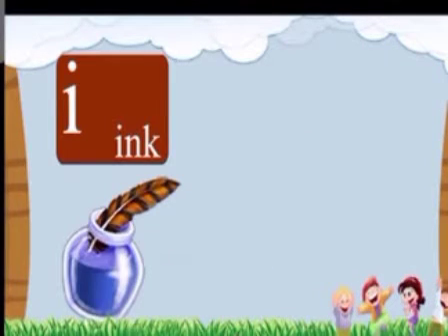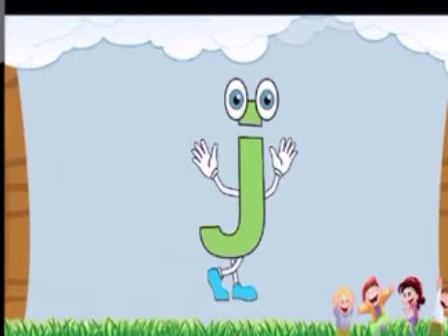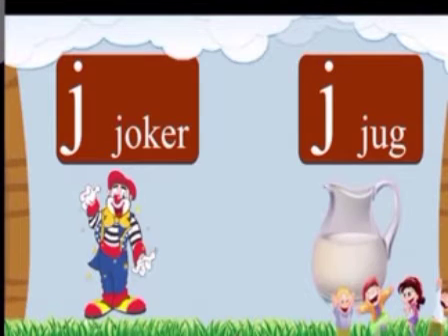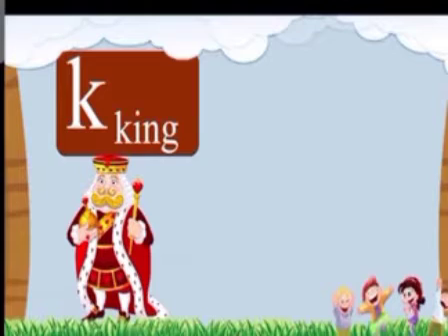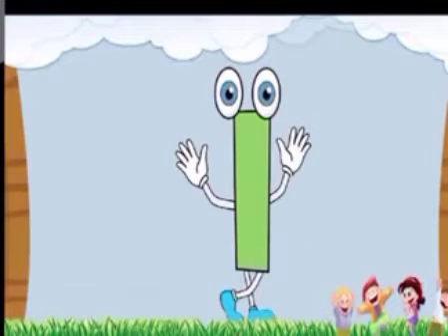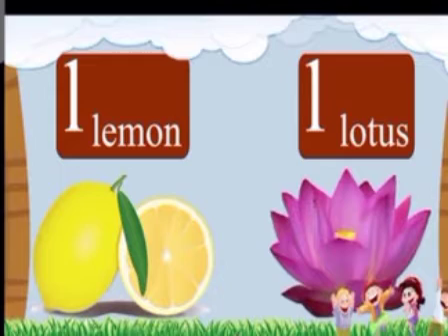I for ink and ice cream. J for joker and jug. K for king and kite. L for lemon and lotus.